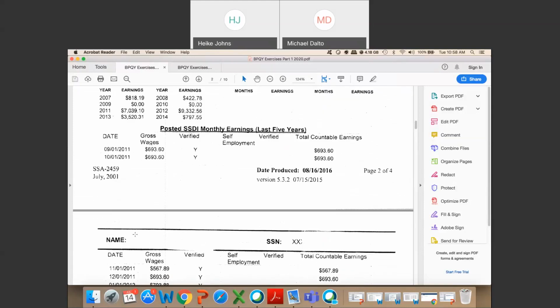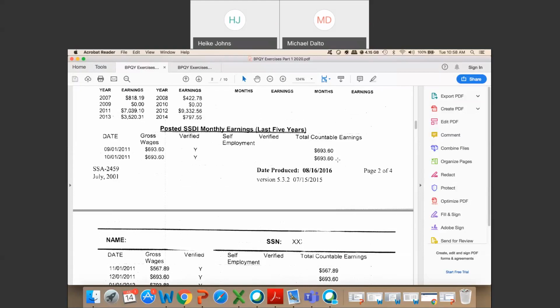And the record is showing the gross wages, whether or not they were verified. A Y in the verified column means yes. This means the earnings were verified by Social Security. They're not just an estimate. No self-employment listed, total countable earnings.